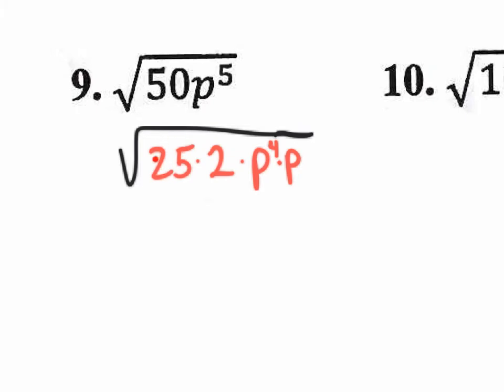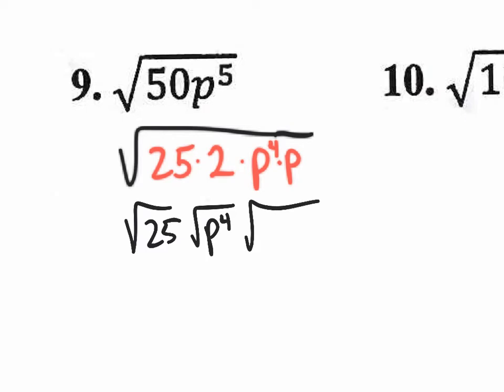So I could actually do the square root of 25, and I could actually do the square root of p to the 4th. So let me do that. Square root of 25, square root of p to the 4th. Now everything else I'm just going to leave on the inside. I want to leave the 2 and the p on the inside. So my final answer will be 5 p to the second square root of 2p.